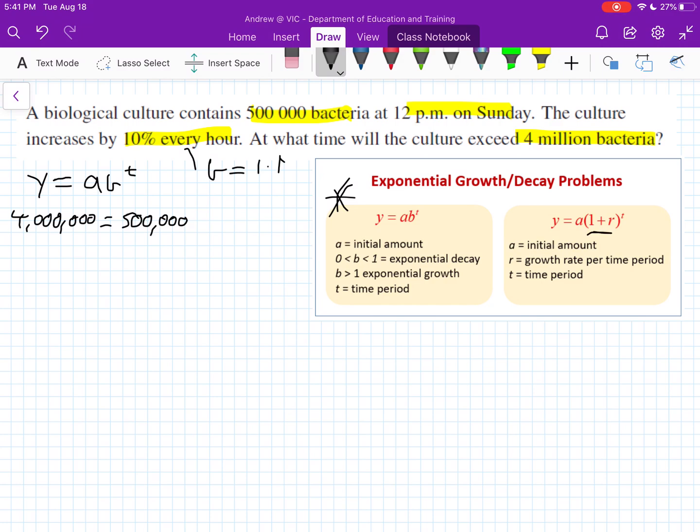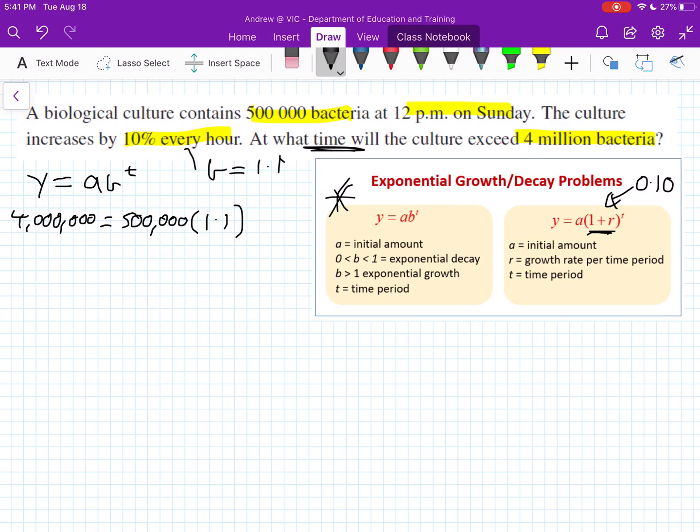If you're using this formula, it's 1 and our rate was 10%, which is 0.1. So that's what makes it 1.1. And our time, that's what we're trying to work out.